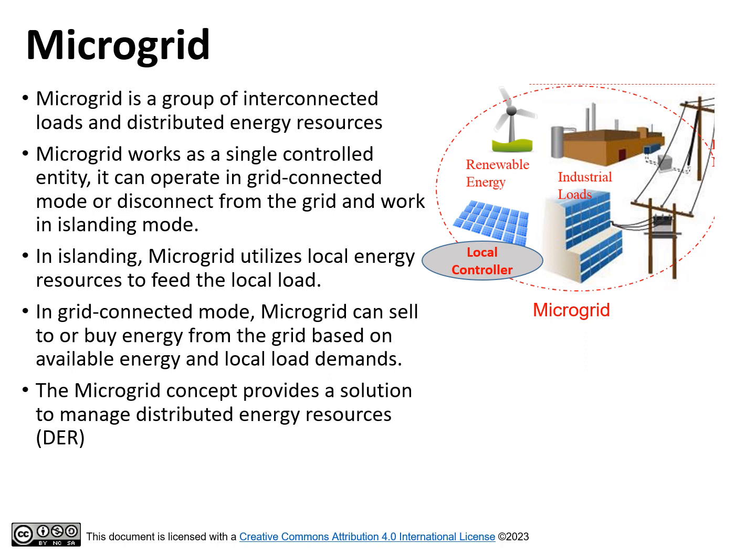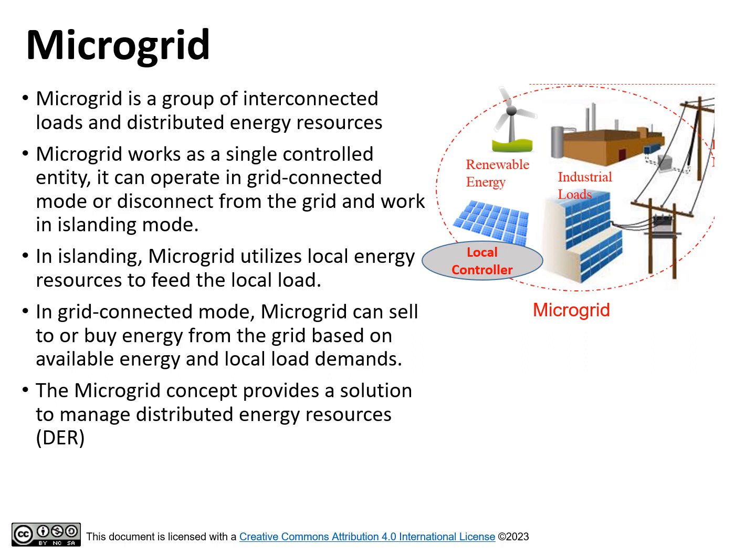Microgrid is a group of interconnected loads and distributed energy resources managed by a load controller. Microgrid works as a single controlled entity. It can operate in grid connected mode or disconnect from the grid and work in islanding mode.